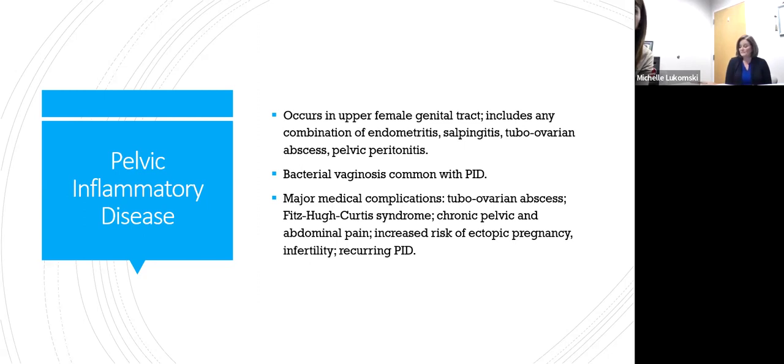The telltale sign is the chandelier sign: when you touch the cervix during the pelvic exam, they ride up the table. Usually they have a vaginal discharge that appears purulent. BV can commonly cause PID.